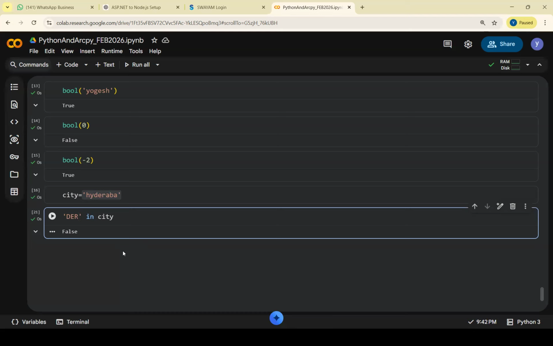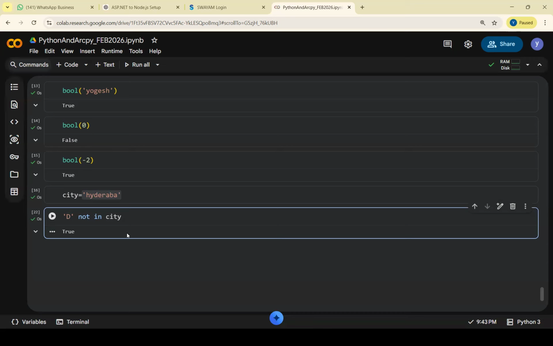Here we are checking in. Now if I write not in, let's suppose I write the statement D not in city. That is the correct statement, that D is not in city.